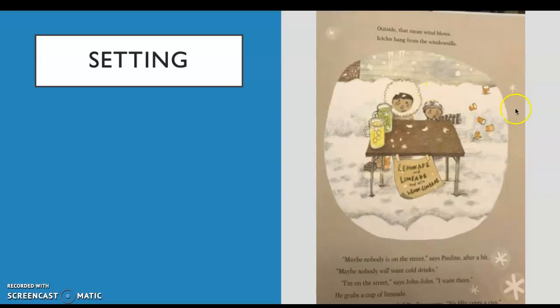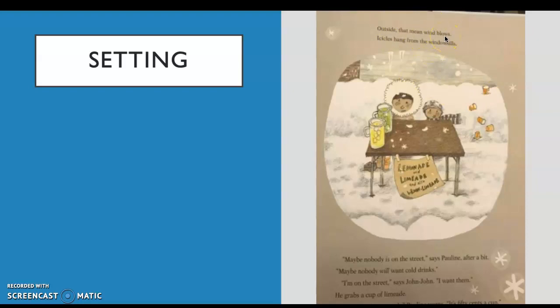So, if we use this illustration to help us describe the setting that's taking place in the story, I see in the illustration all of this snow. I can see that these cups right here are actually blowing away, and it told me that up here in the text. It said, outside the mean wind blows.